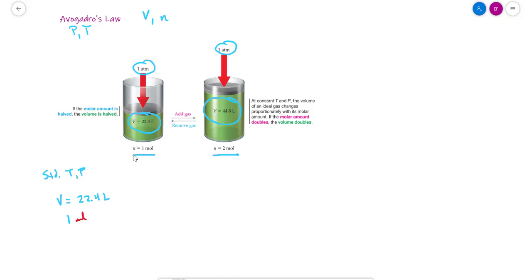I'll also state that these thermodynamic standard state conditions that we talked about before are slightly different for gases than they are for the solutions that we were referring to in the thermochem chapter, which is a little annoying. But the temperature here is 0 degrees C, instead of the 25 degrees C that we talked about in STP for thermochem.